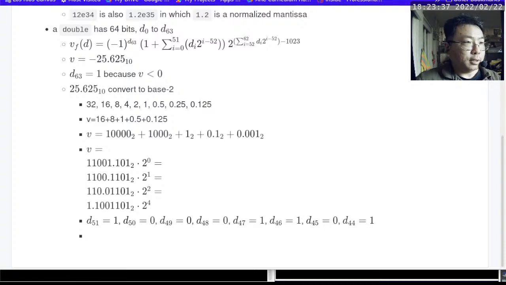Yes, that is correct. I set -1 to be I minus 52, solve for I, and I has to be 51. That's it.